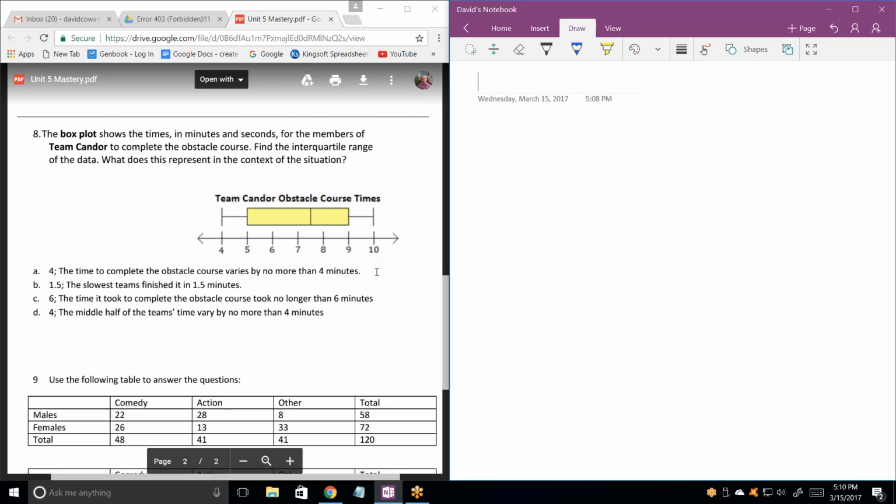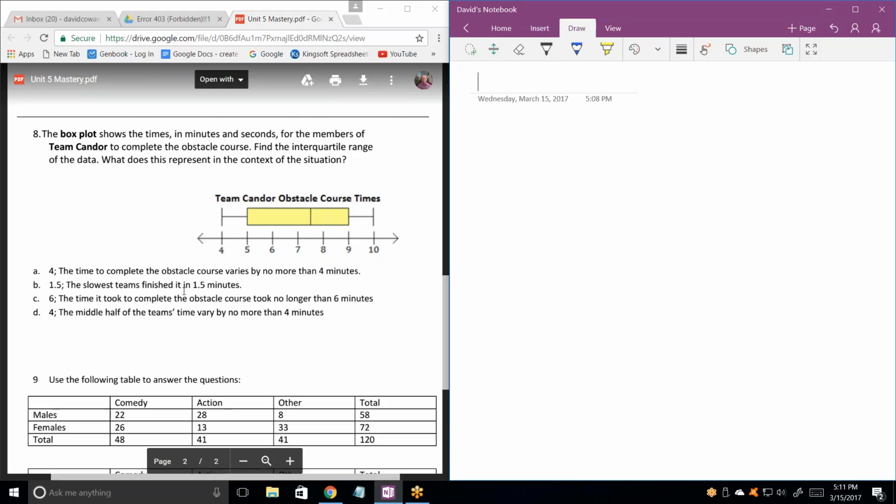There's only one of those answers that's correct. All right. Is A correct? Does the 4 represent the fact that it doesn't vary by any more than 4 minutes? No, it doesn't, because it looks like somebody had a time of 4 minutes and somebody else had a time of 10 minutes. Okay, so A is not correct.